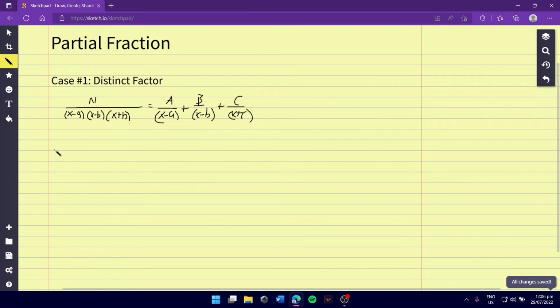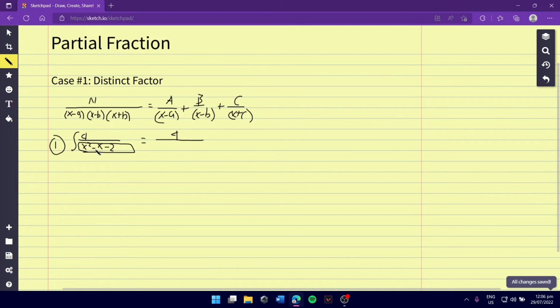So we will use this in our first example. We have the integral of 4 over x squared minus x minus 2. First we'll factor out the term here, with 4 at the top.